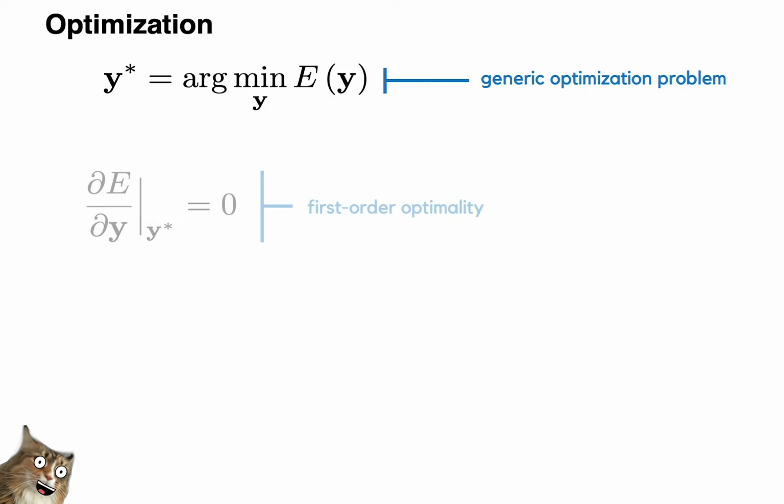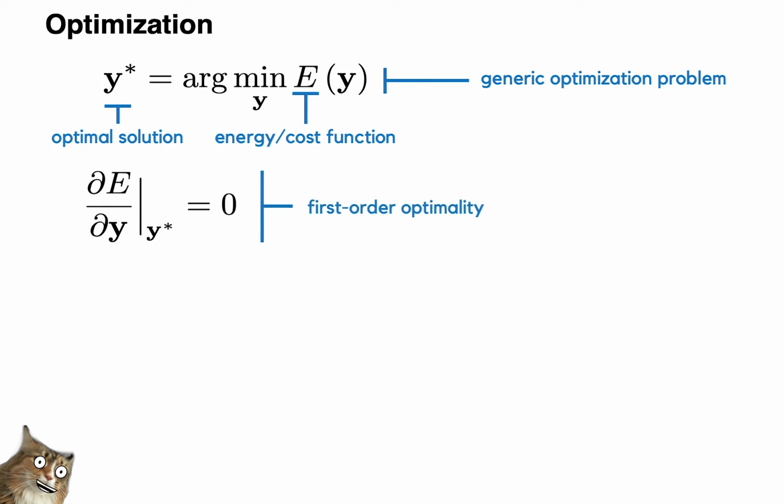Fortunately, many root finding problems can be expressed as optimization problems, and this is helpful because there are a wealth of well-understood algorithms for performing optimizations. To see this, let's take a look at a generic minimization problem, where we are trying to find the optimal value of some variable y, which returns the smallest value of some energy or cost function denoted by E. Optimization theory tells us that the gradient of our cost function with respect to the parameters is equal to 0 when evaluated at this optimal solution.